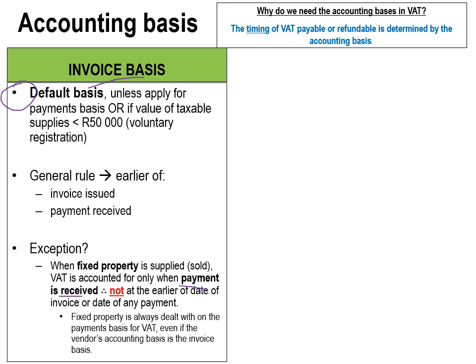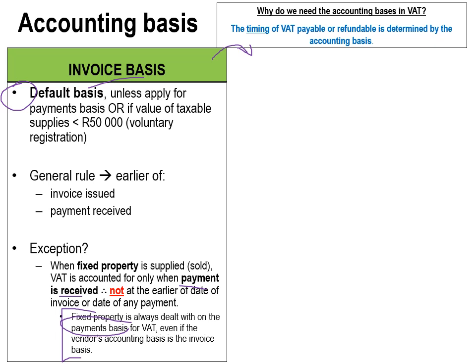In other words, the moment that it's a fixed property transaction, we don't account for VAT for a vendor that's registered on the invoice basis at the earlier of date of invoice or date of payment. Fixed property is always dealt with on the payments basis, which you'll see is the second accounting basis we'll be looking at, even if the vendor's accounting basis is the invoice basis.